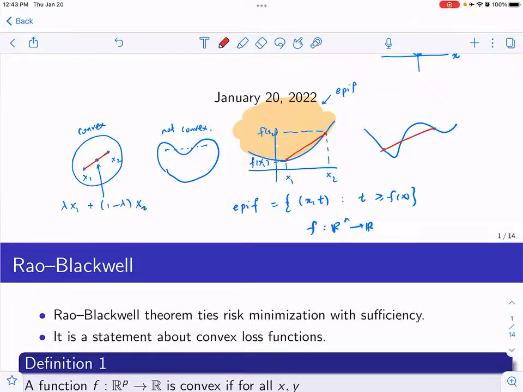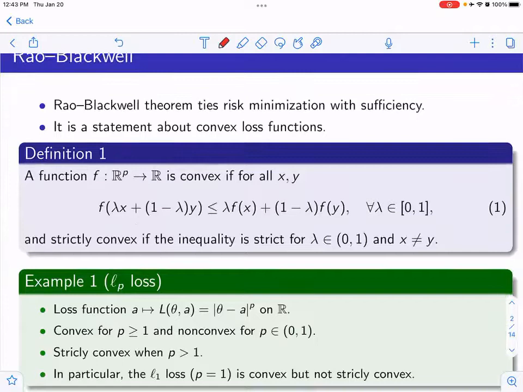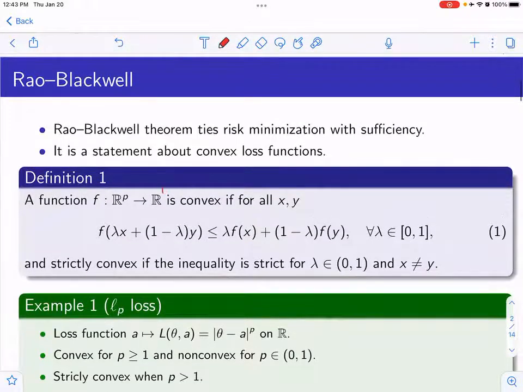There's another way. If you define a convex function like this, in convex analysis usually you allow the value of the function to also be infinite. Everything works in the extended real numbers, the set of extended real numbers.